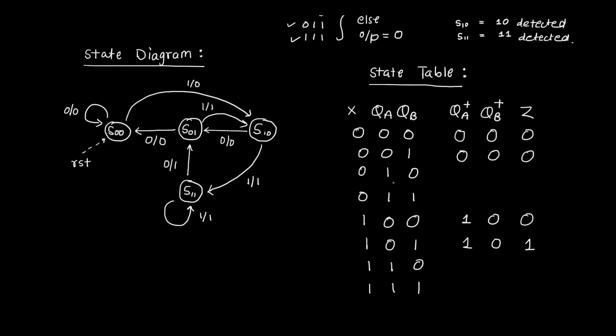For the 10 state, if 0 comes, it should move to 01, output 0. If 1 comes, then it moves to the 11 state, output 1. Similarly, for the 11 state, if 0 comes, then it moves to 01, output 1. If 1 comes, 11, output 1. So our state table is over.